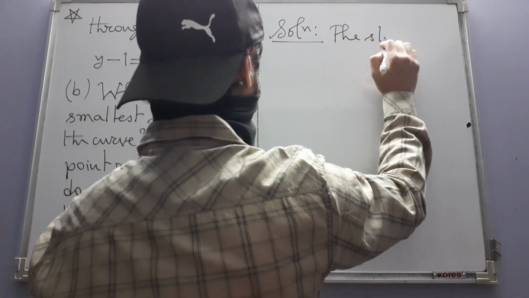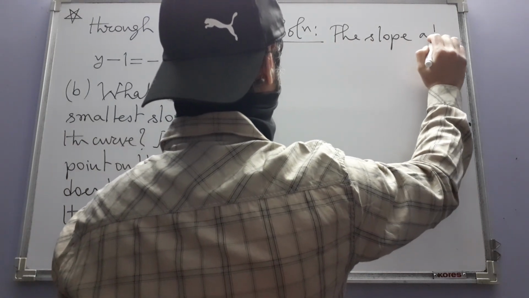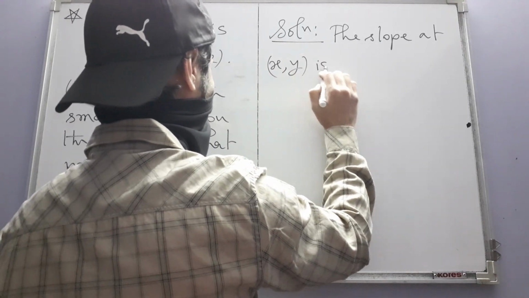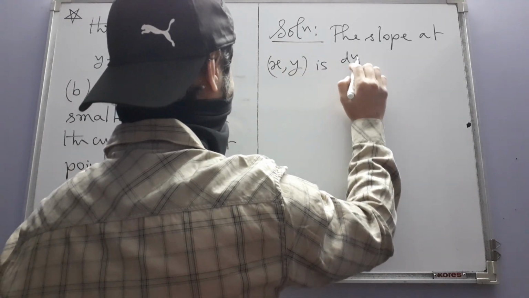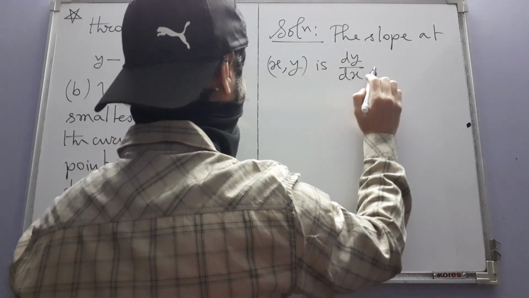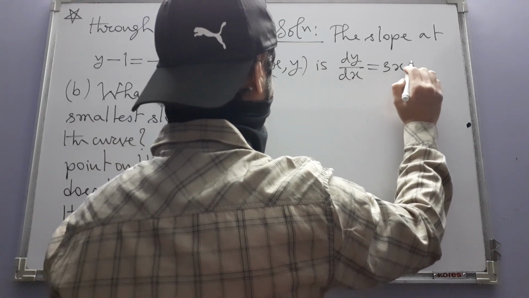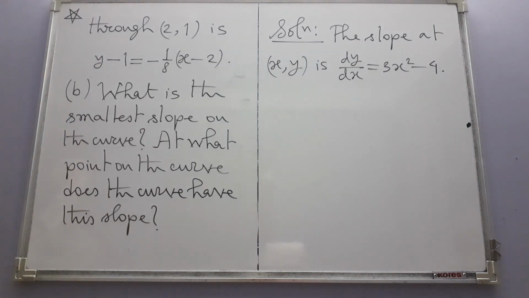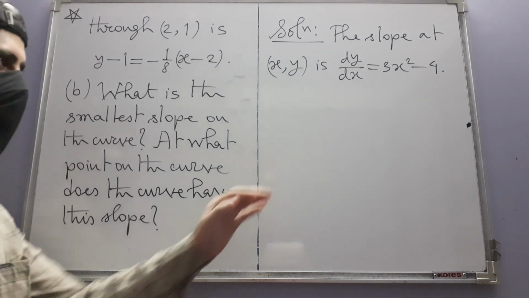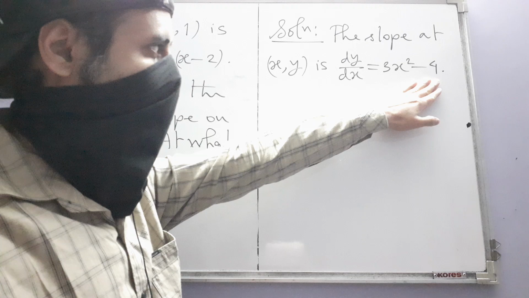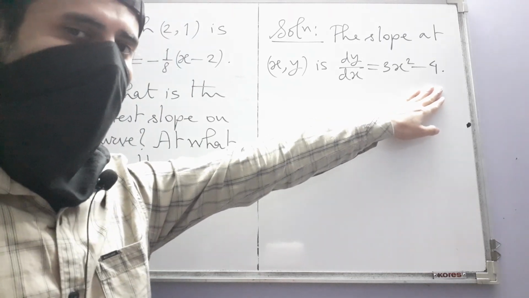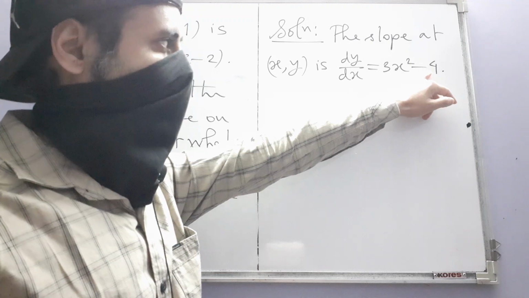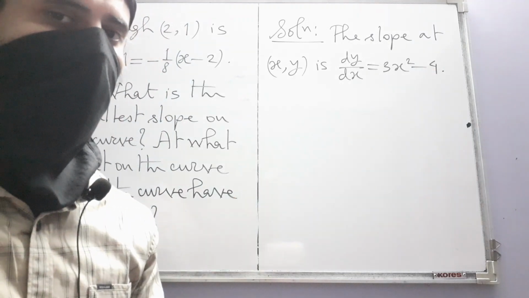The slope at (x, y) is 3x squared minus 4. Now the smallest this expression can be is when this is equal to minus 4.